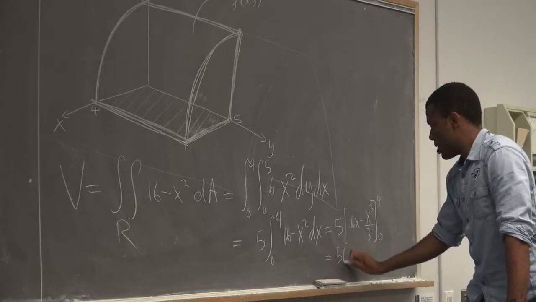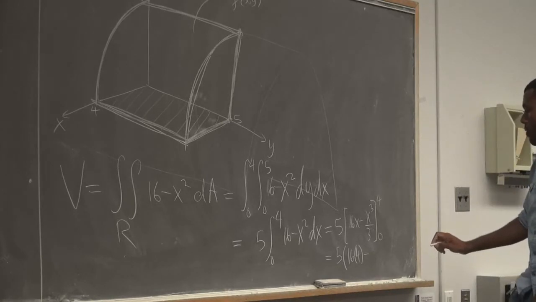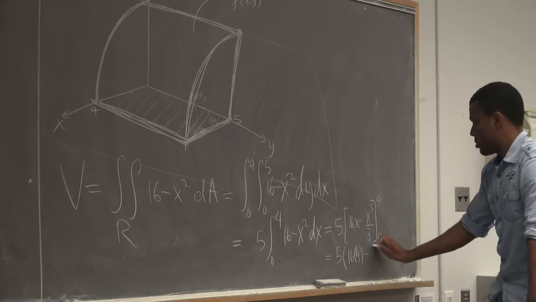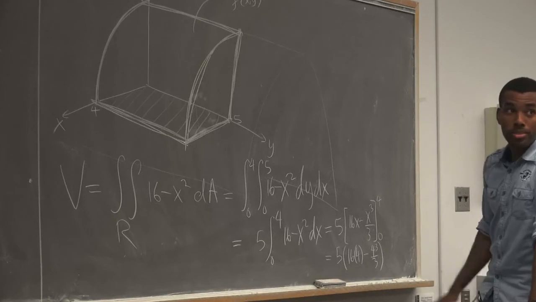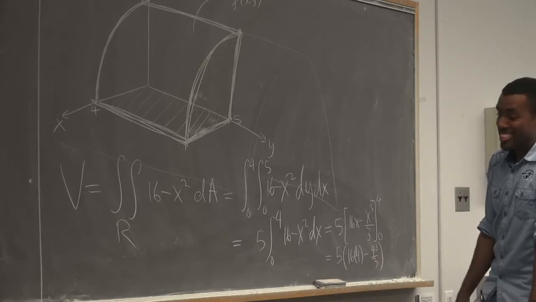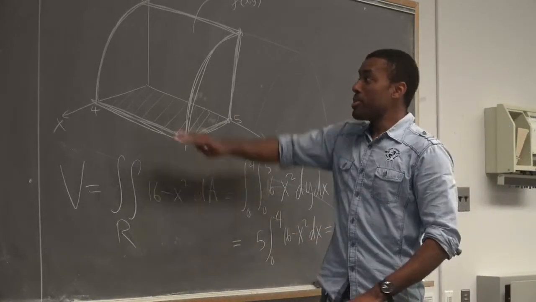So it's 5 times 16 times 4 minus 4 cubed over 3. You left it like that? Yeah, that's pretty much arithmetic. Well, that was the answer, right?